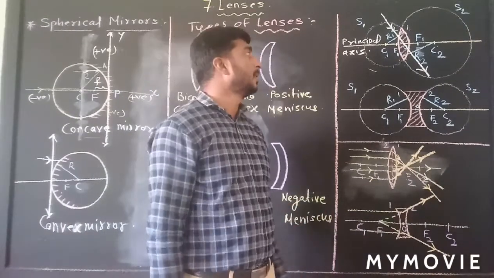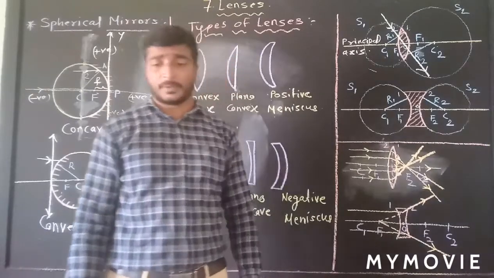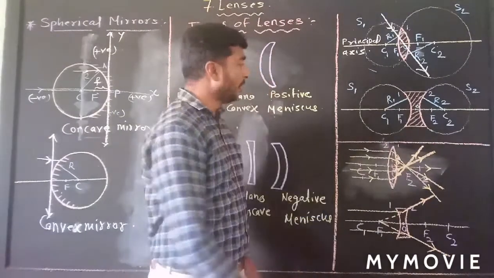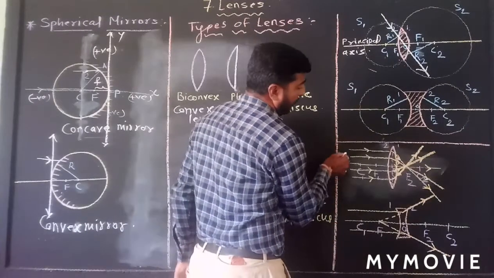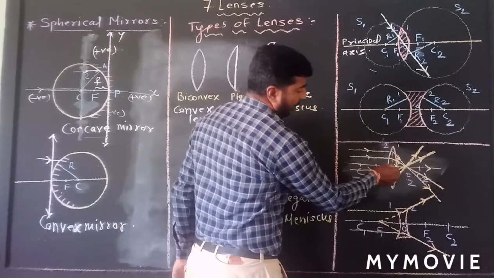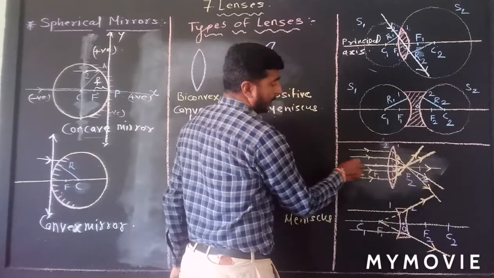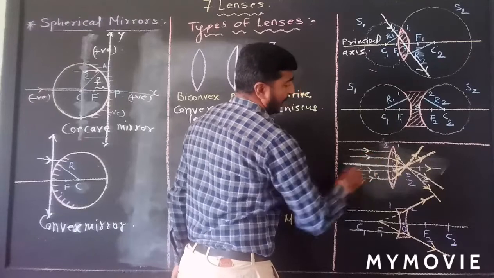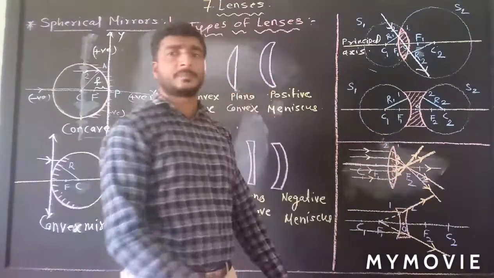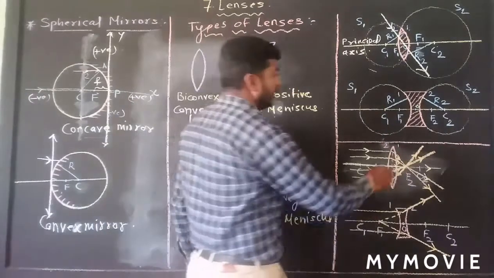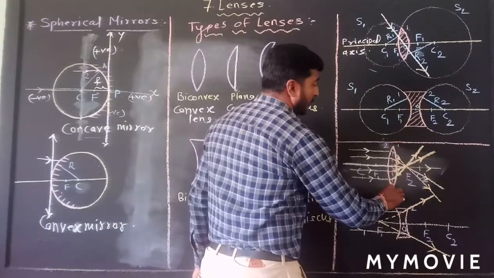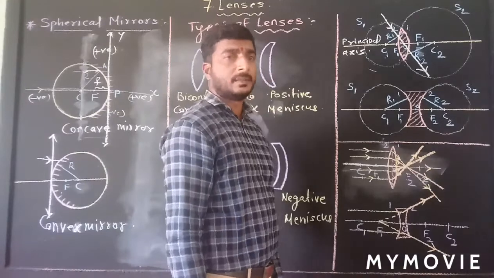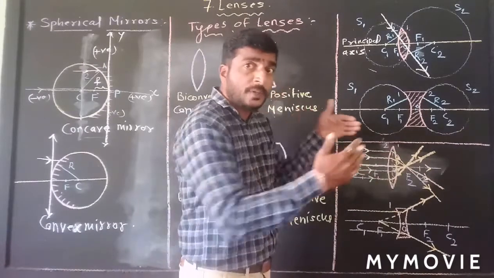Then the principal focus. To understand the principal focus, you have to understand how light behaves. When rays of light travel parallel to the principal axis, this is the principal axis, and these are the rays of light, they are incident parallelly on the convex lens. When they get deviated by the lens, they converge.